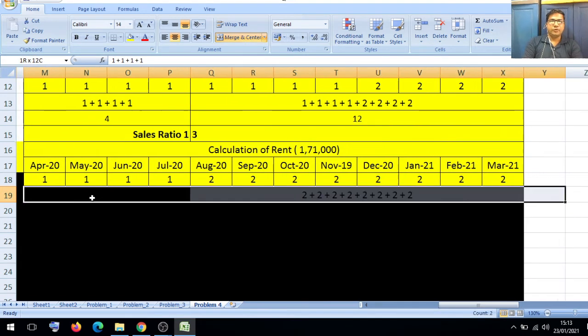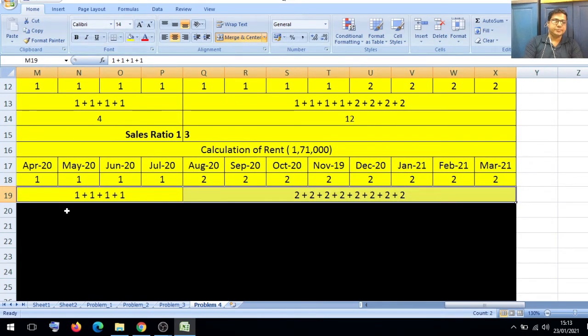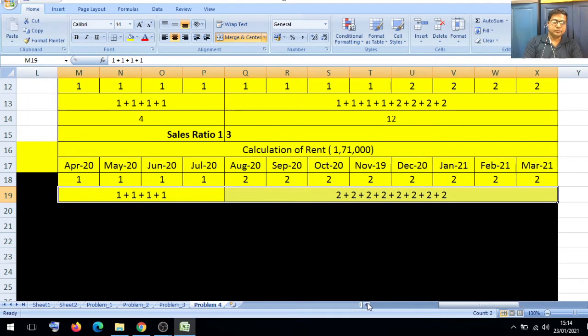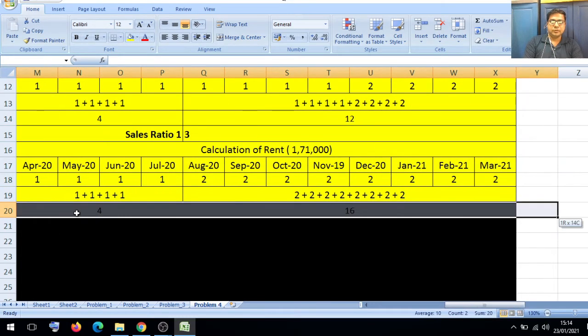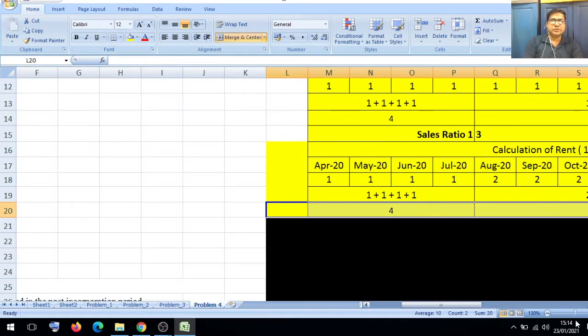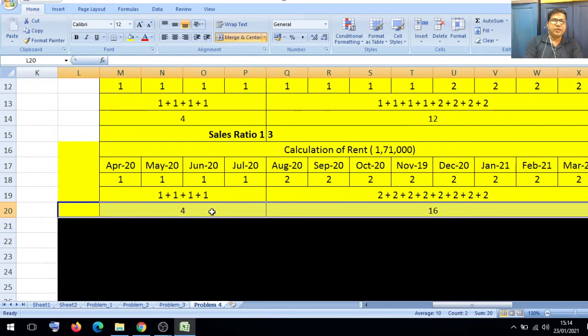So we have to find out the total of pre and post period. If you see the total we got, that is 4:16. Pre-incorporation period rent is 4, and post-incorporation period rent is 16.